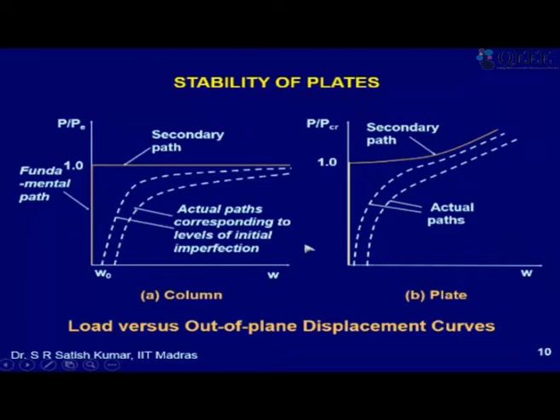So now it helps us to understand plate buckling better if we compare it with column buckling. Okay. So let's look at how a column buckles. We saw that an ideal column will go on taking axial load until P critical is reached, the Euler's critical load, and then suddenly it will buckle. So it will have a secondary path which is horizontal. Okay.